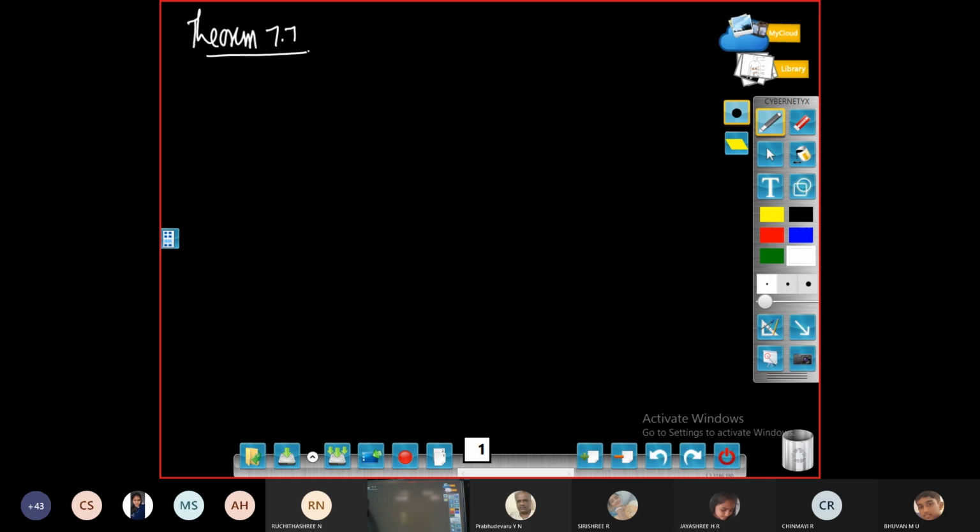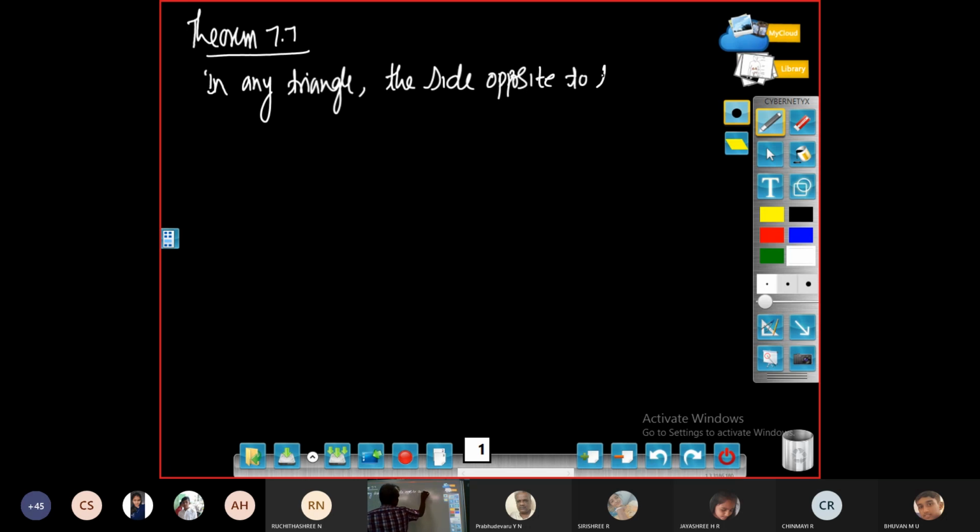The statement is as follows. In any triangle, the side opposite to the larger angle is longer.